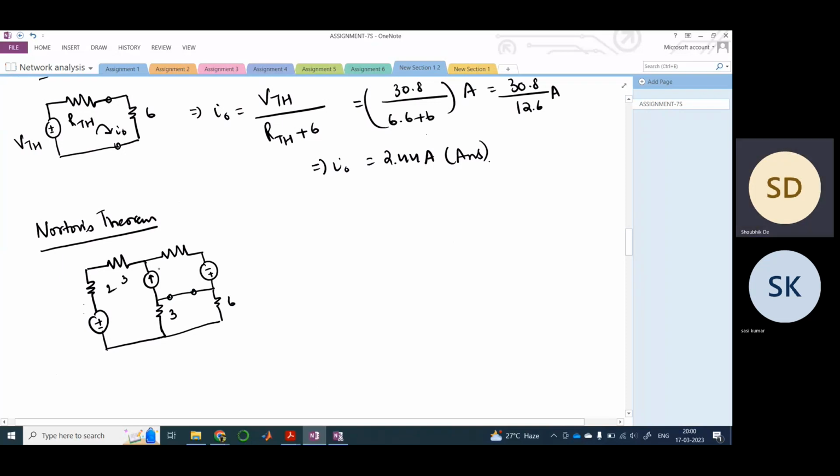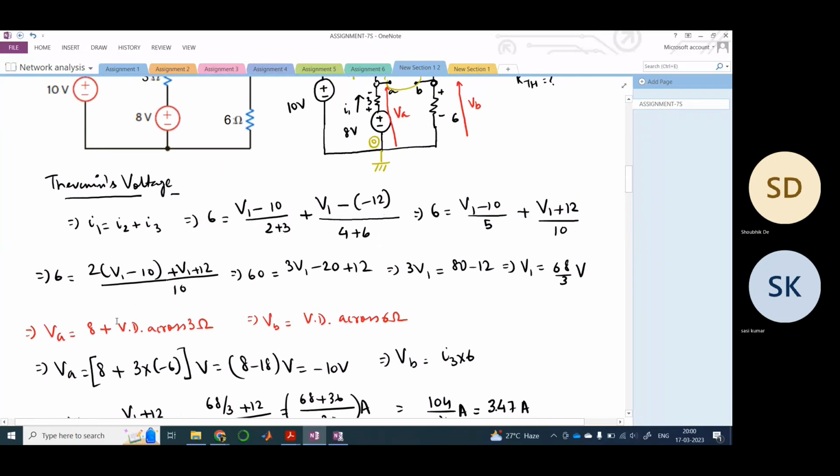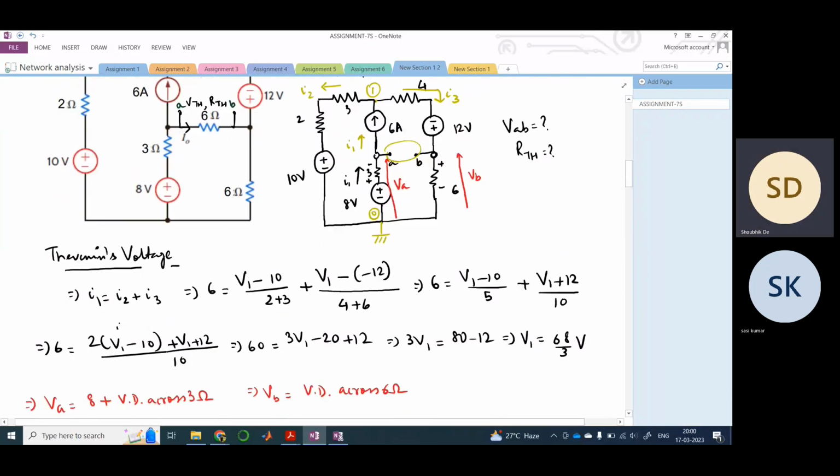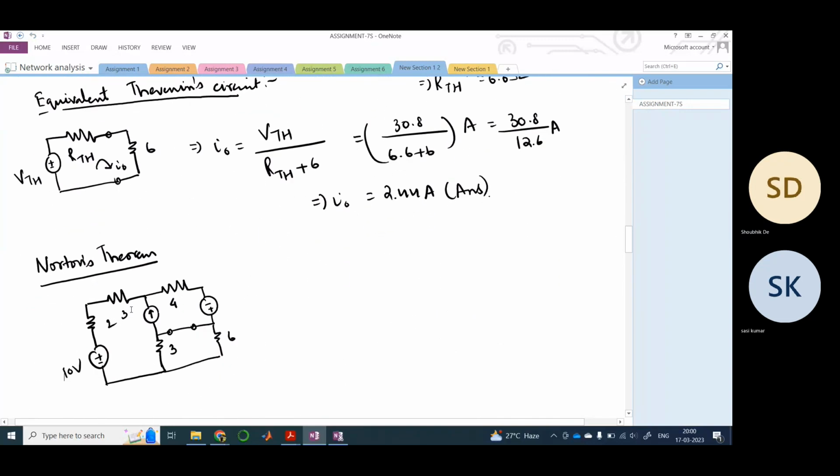It's probably 10 volts, plus 8, 12. There's a voltage source here also.